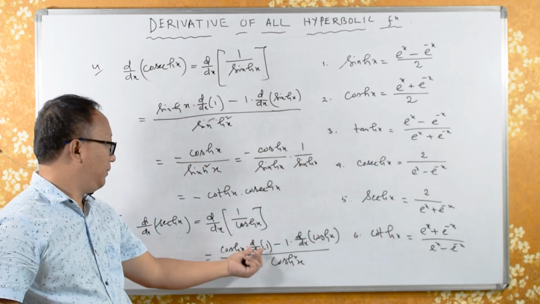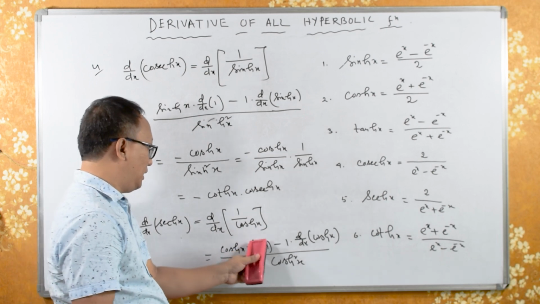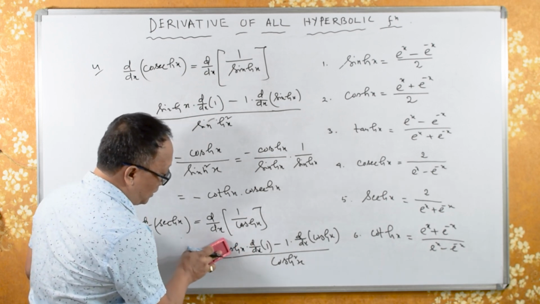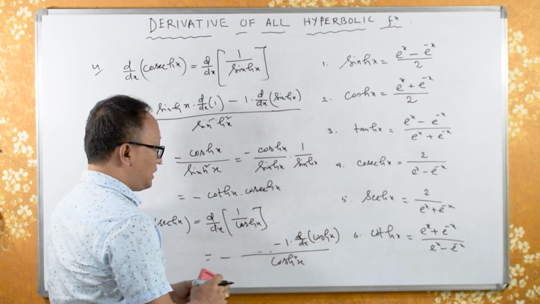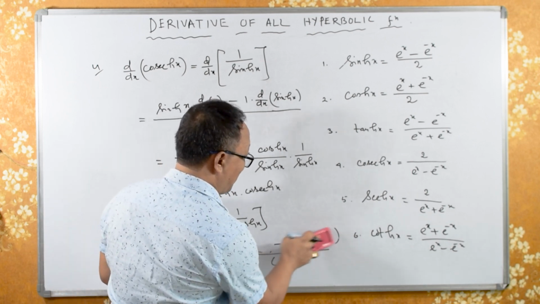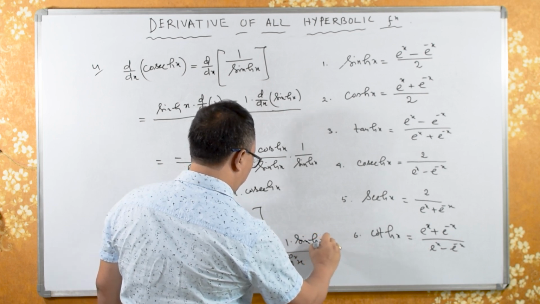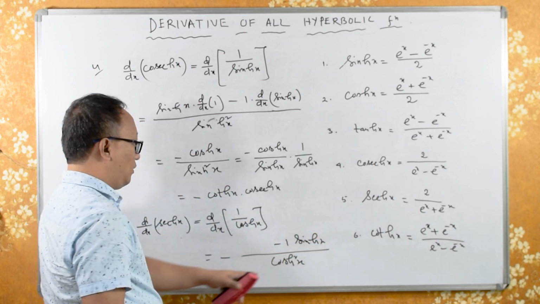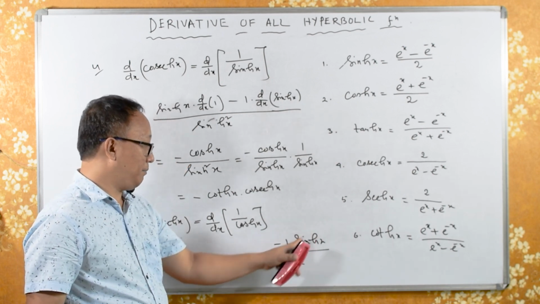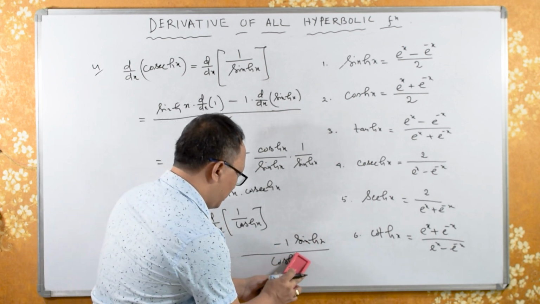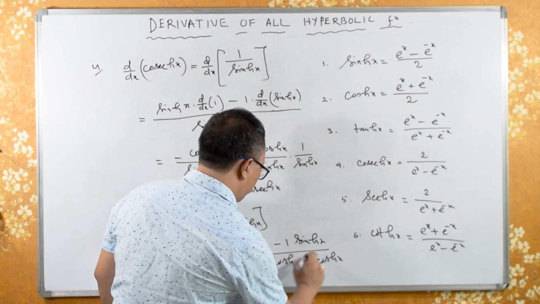Now d/dx of 1 is 0, and 0 into cos hyperbolic x becomes 0. d/dx of cos hyperbolic x is sine hyperbolic x. And cos hyperbolic square we can split as sine by cos two times into cos hyperbolic x.